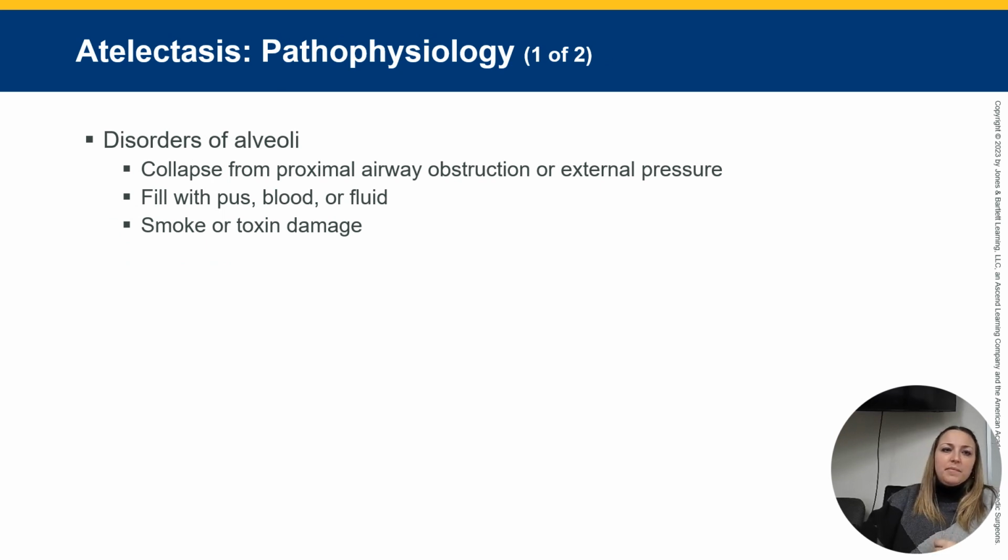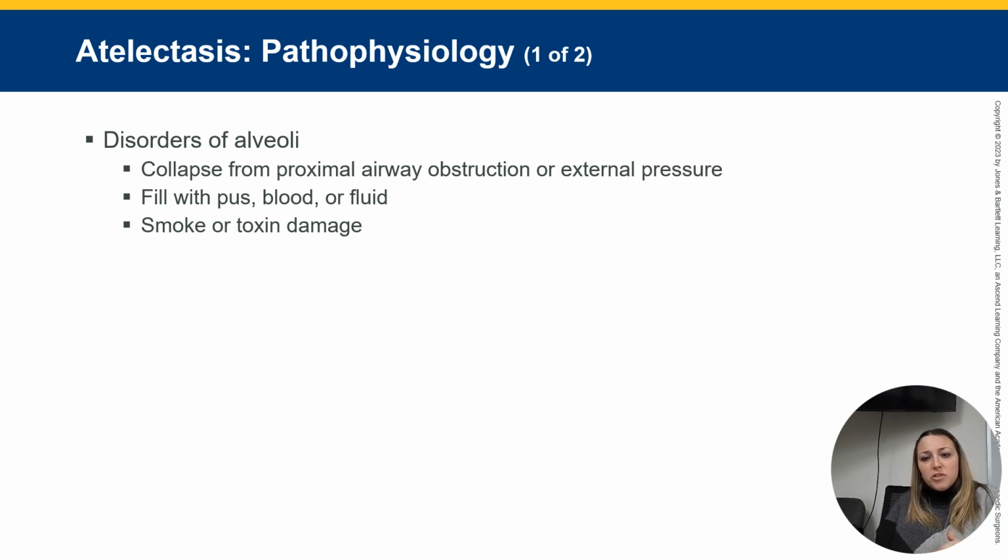Atelectasis: our alveoli are vulnerable to many different disorders. Alveoli can collapse from obstruction in any of the more proximal airways, or even from external pressure. They could fill with pus, they can fill with blood or fluid, and they can be damaged from smoke or toxins.